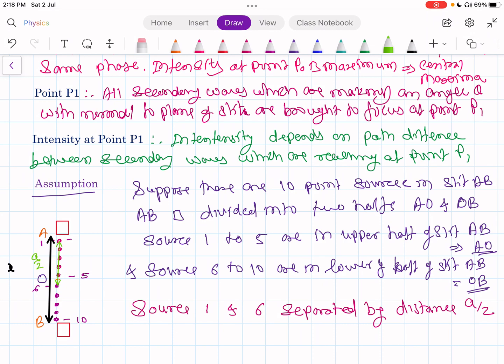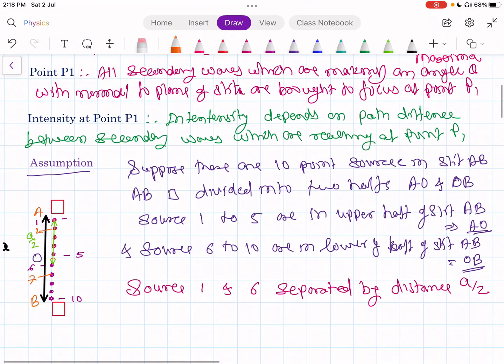Similarly, the distance between the source 2 and source 7 is also a by 2. Between 3 and 8 is also a by 2.